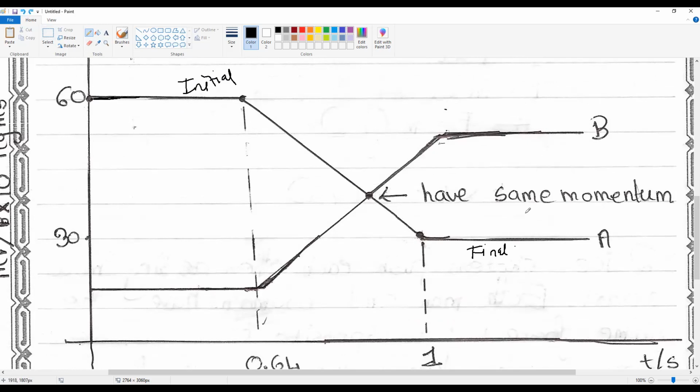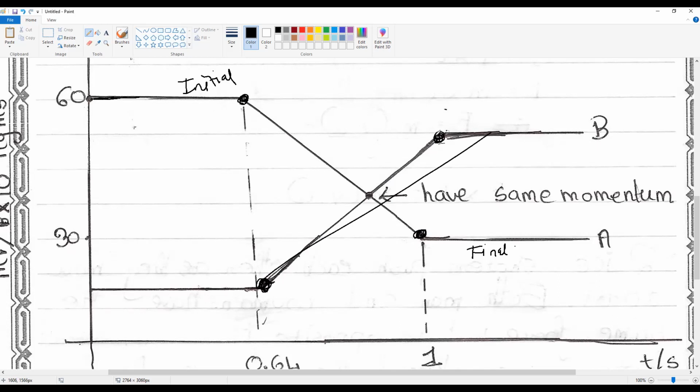So truck A's momentum has decreased and truck B's momentum has increased, can you see? The time from here to here is the same as from here to here, because they were in contact with each other for the same amount of time. I told you, impulse for both bodies is the same. Change in momentum for both bodies is the same.